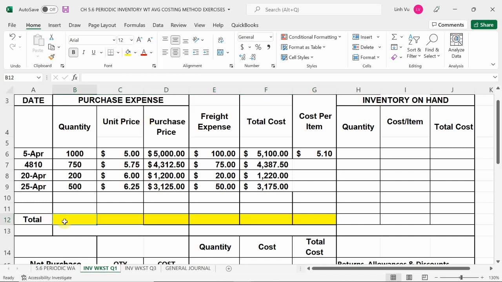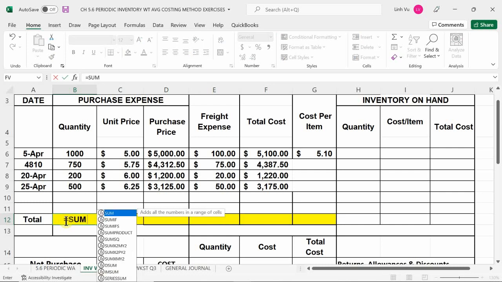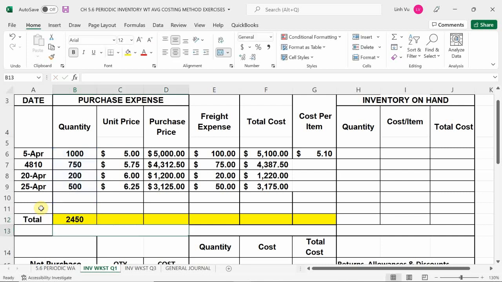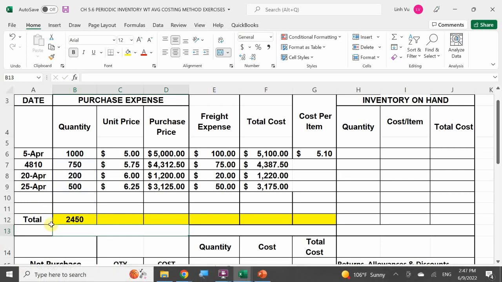Okay? So in this case, what's my total quantity? How many items did I purchase in grand total? 2,450, okay?